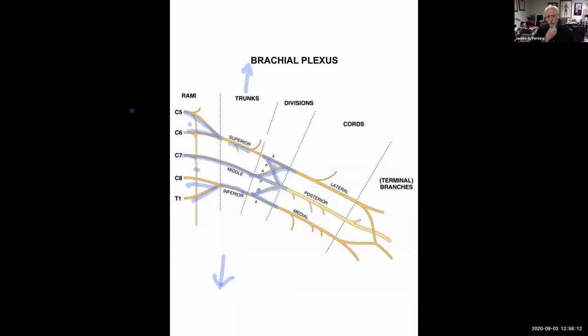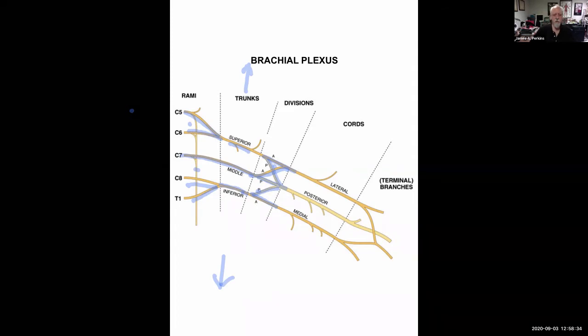Question: Why, for the inferior divisions, is the anterior one below the posterior one? Oh, so the divisions are called anterior and posterior divisions, and those are divisions of the three trunks.